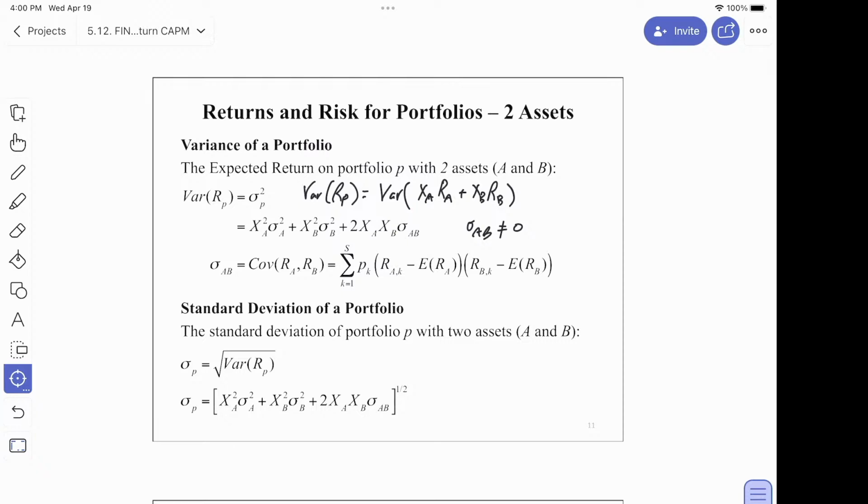For instance, what if we're interested in combining a T-bill, which I explained has no variation, and asset A? So let's say asset B was actually a T-bill. In that case, there's no correlation because the T-bill, no matter what happens in the economy, the T-bill return, we assume, is constant and there's no variation, right? So there's no covariance in that case. And then that means this would be 0 and this term would disappear.